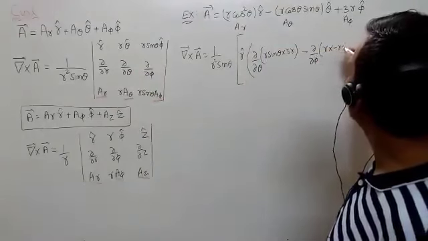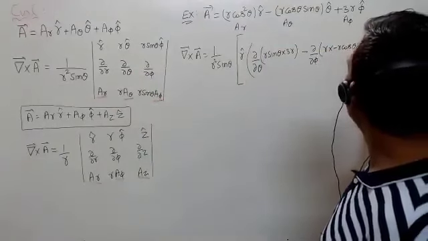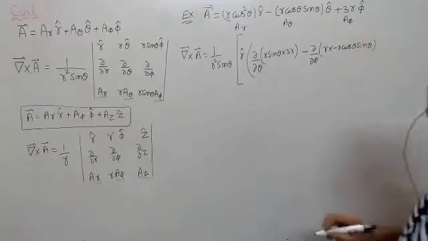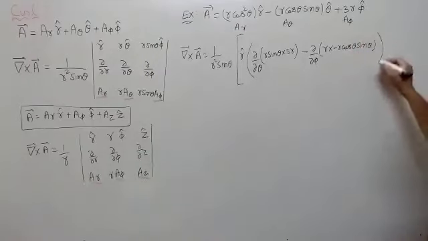So A theta is minus R cos theta sin theta. So this is the term for r cap.